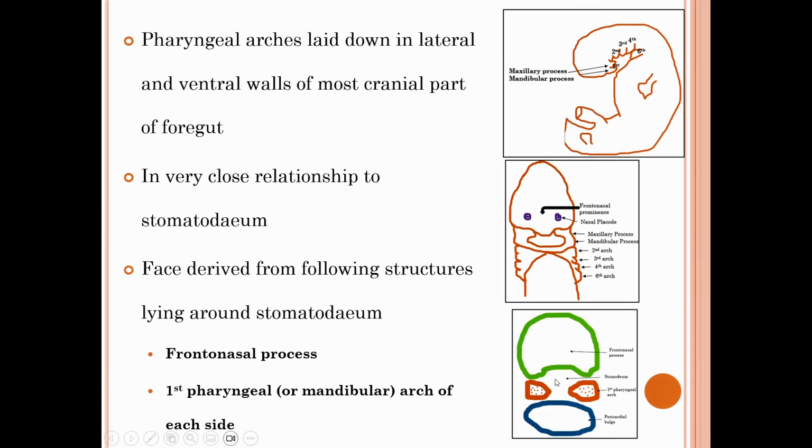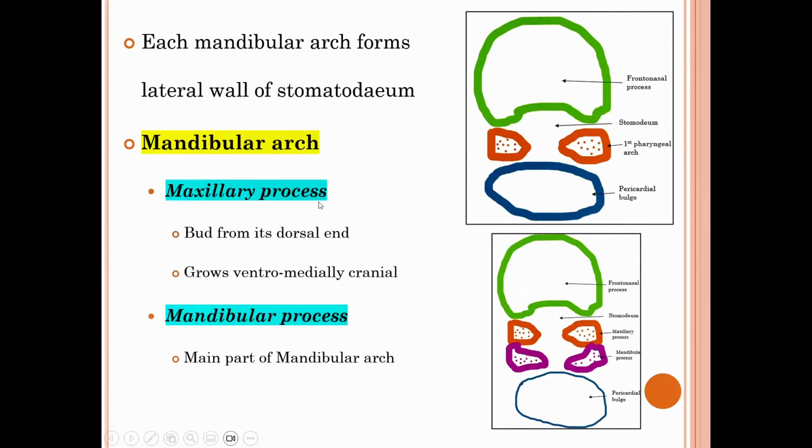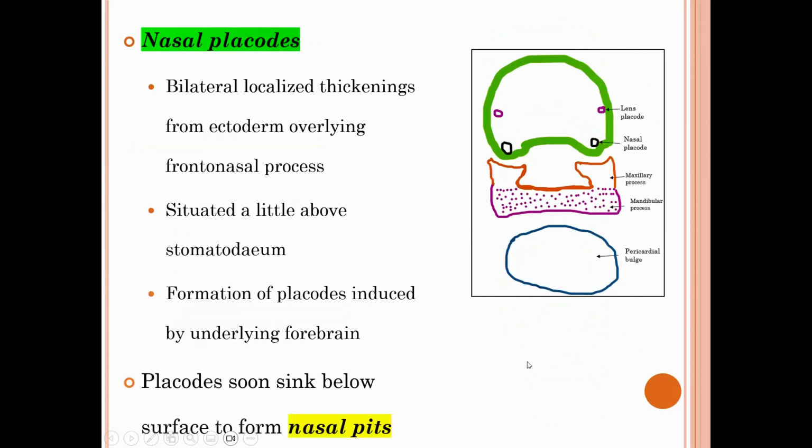Here you can see the frontonasal process and there is the first pharyngeal arch. They are combinedly going to form the face. Now each mandibular arch or first pharyngeal arch, you can see here, has two processes, that is the maxillary process and this is the mandibular process.